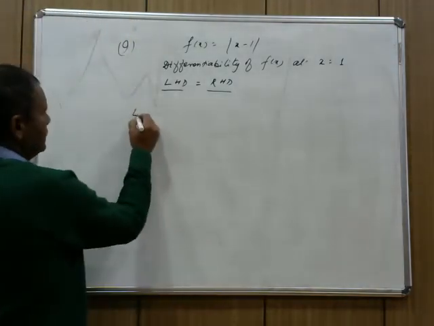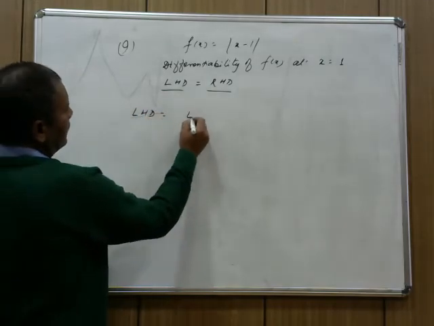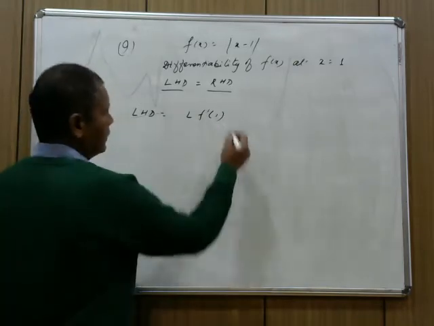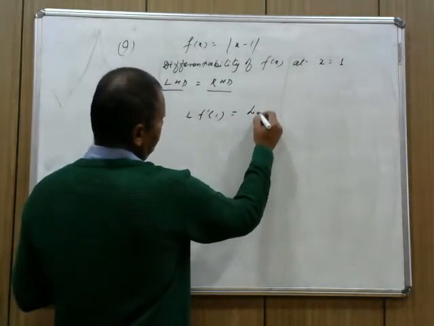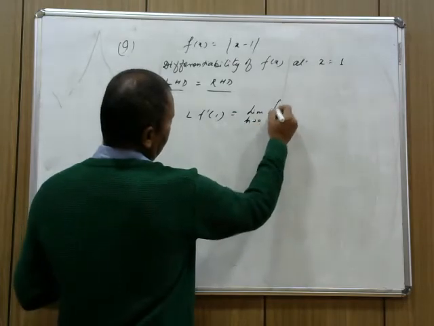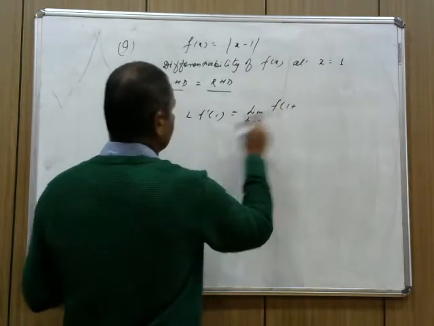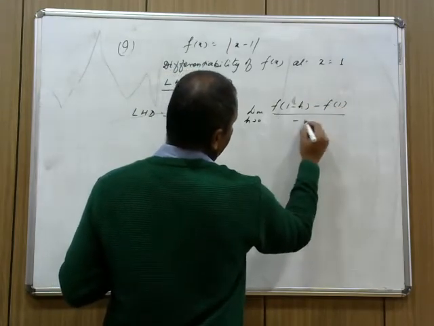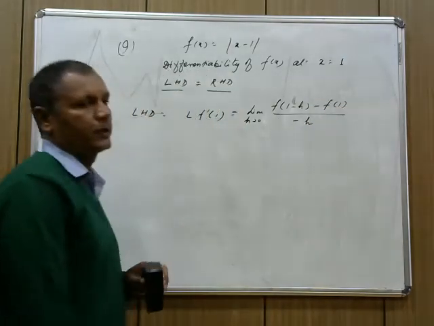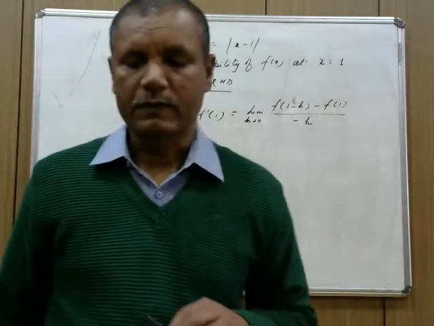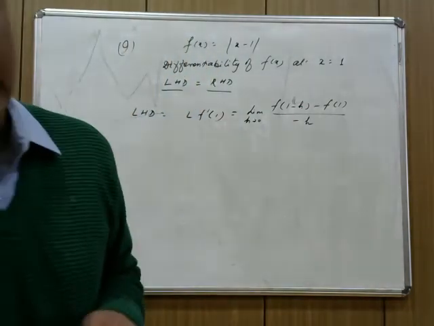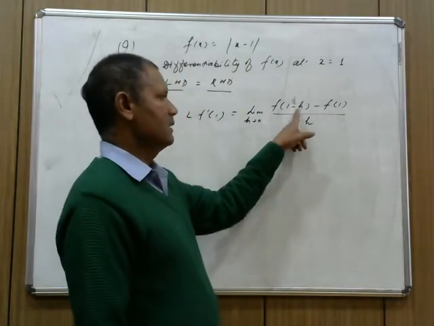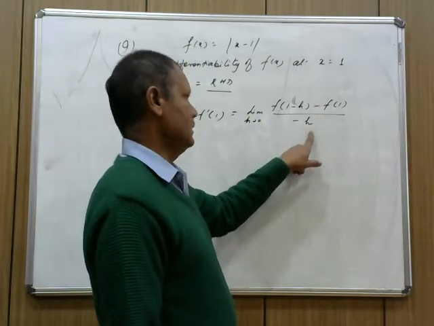Now LHD, if you remember, L f dash of 1, because here I am checking at 1, is equal to limit h tends to 0, f of 1 minus h minus f of 1 upon minus h. If you remember, I made you write the formula, isn't it? Here suppose I have to check it at c. So now f of c minus h minus f of c upon minus h.